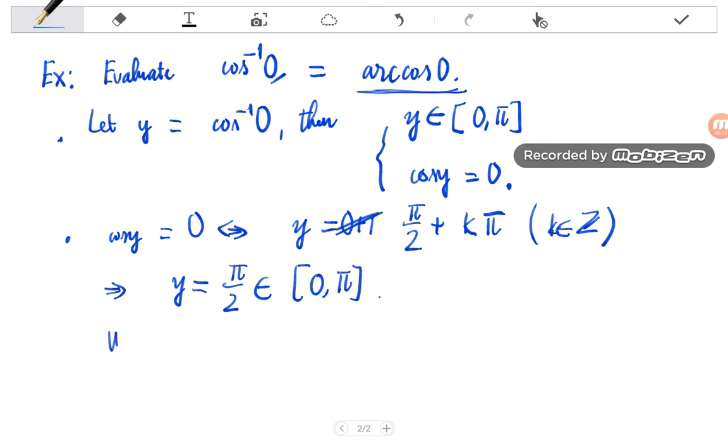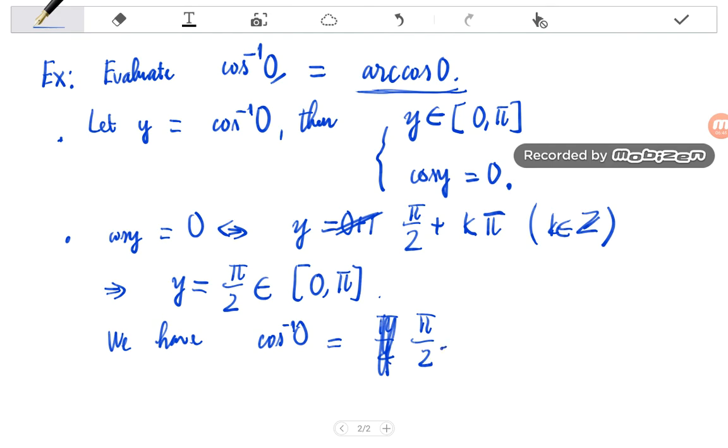So we have arccos 0, in another way, the value of the inverse function of cos at 0, equals pi over 2.